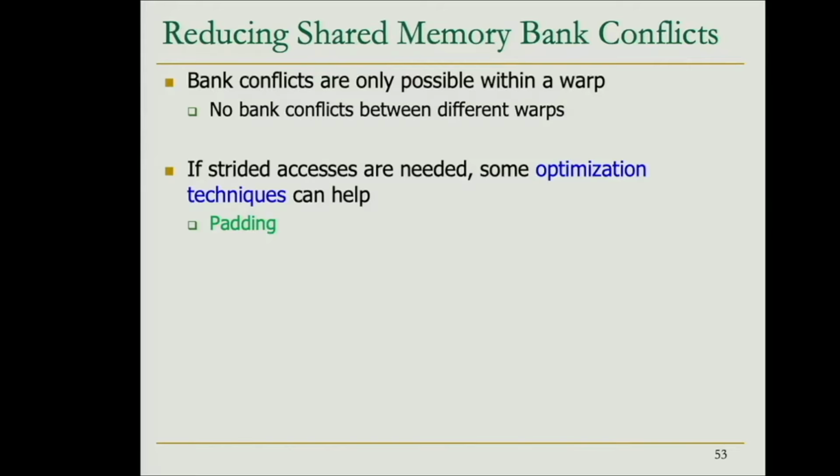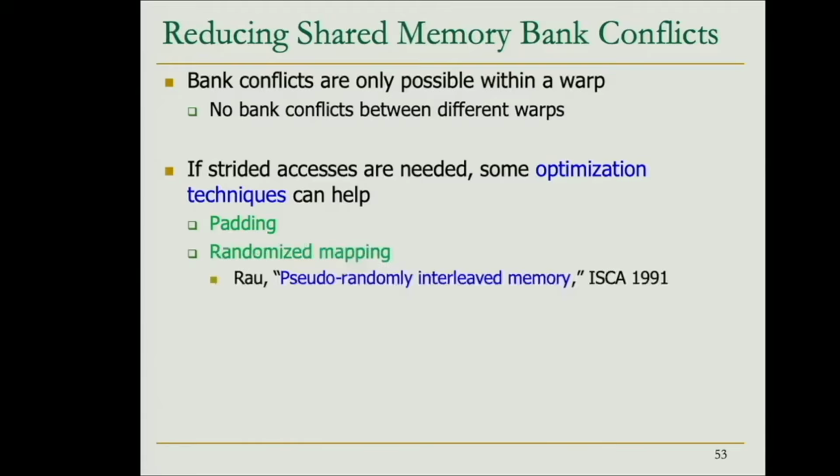There have also been different proposals to deal with bank conflicts. I think that I already mentioned this randomized mapping from this paper, pseudo-randomly interleaved memory, in ISCA 1991. Essentially the idea here is to use hash functions that do the mapping in a different way.